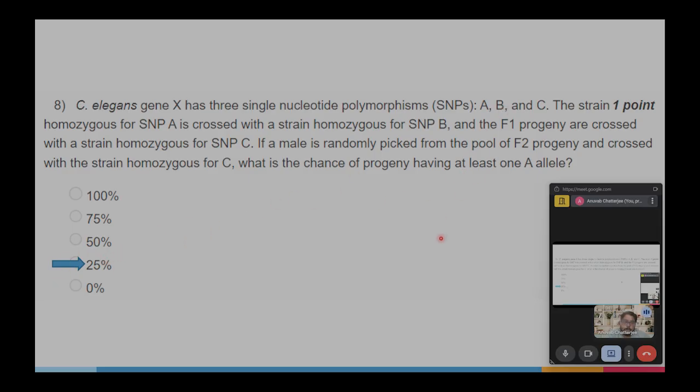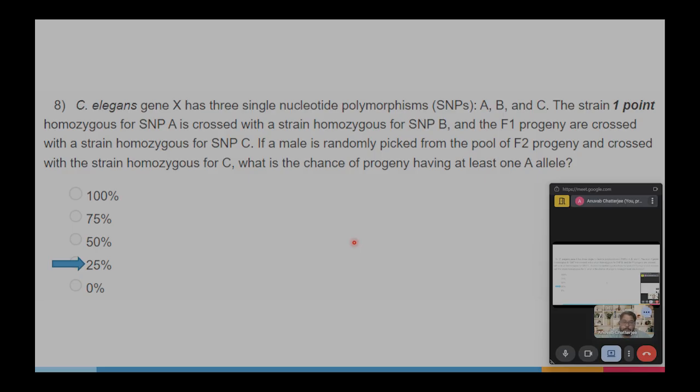So first cross A and B, you have 50% probability of them having SNP-A. Second cross, again A and C, 50% probability of having allele A, and then you cross them to each other, then you have 25% probability that the allele A is inherited.